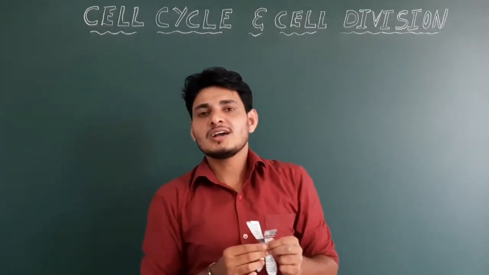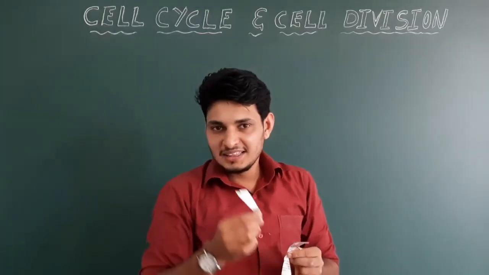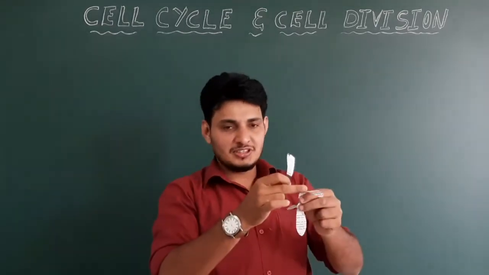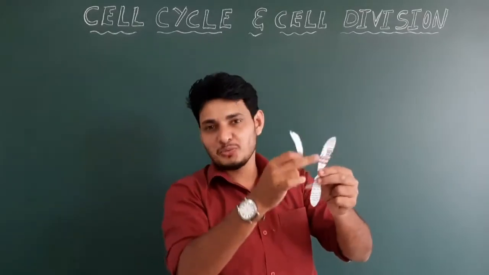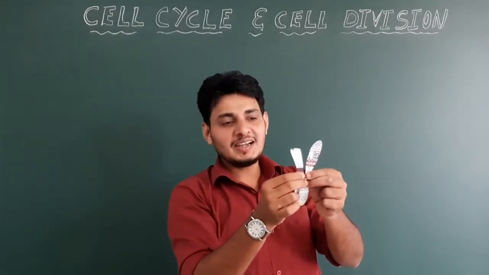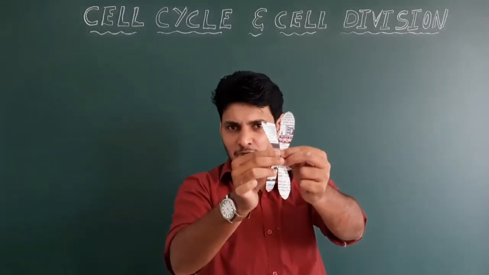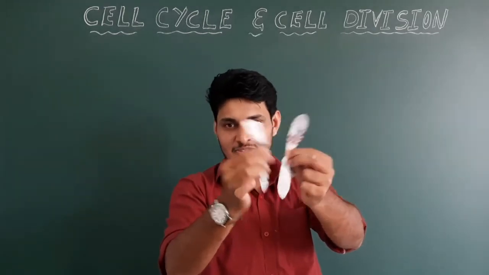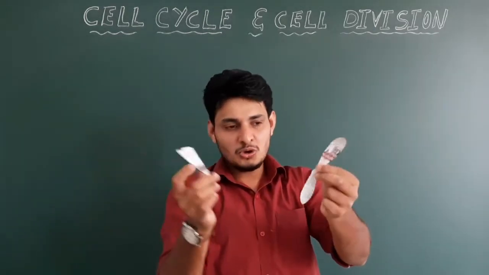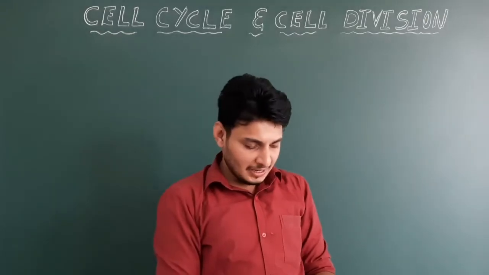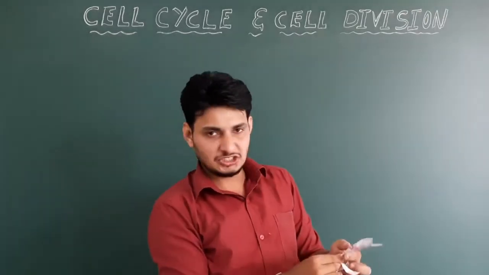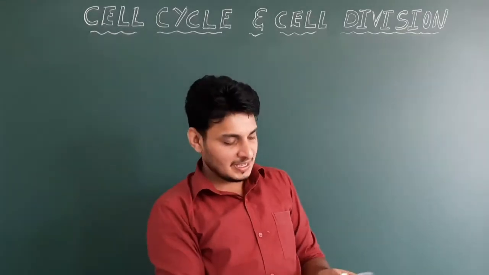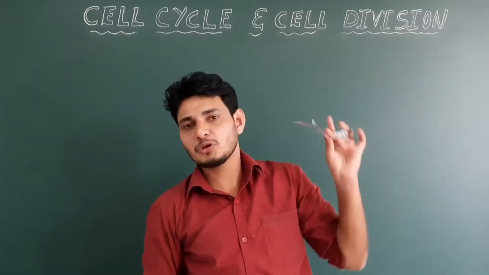But they will not combine. Why? This becomes a non-sister chromatid. It is not a sister chromatid for this one. Both are entirely different. See the size. It's not matching, so it's not possible. Two chromatids only combine when their genetic sequences match, making a perfect X-shaped chromosome.